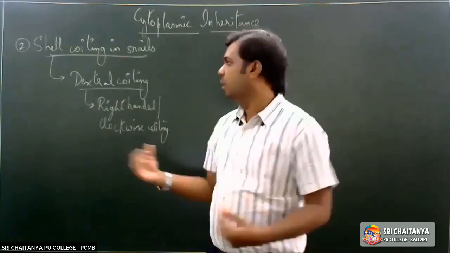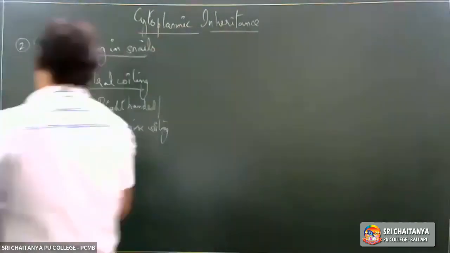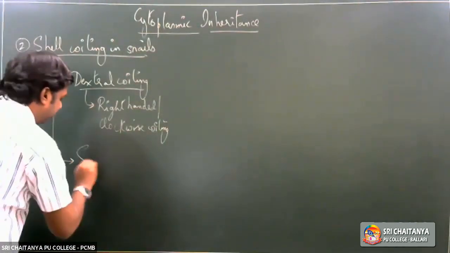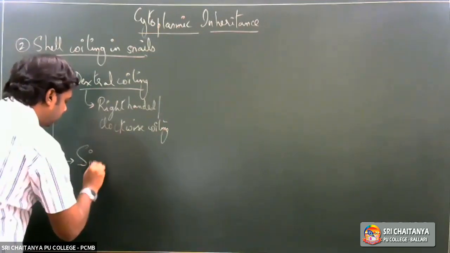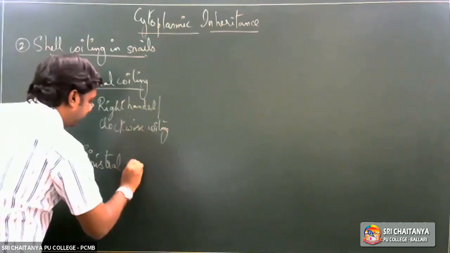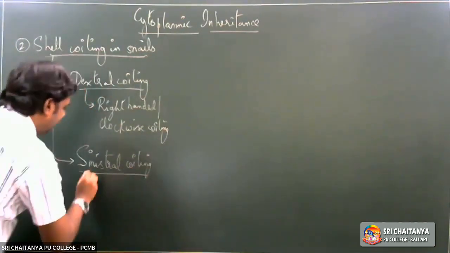If that is the case, we call it dextral coiling. This is the first type. The second type is termed sinistral coiling. This sinistral coiling is the left-handed coiling.